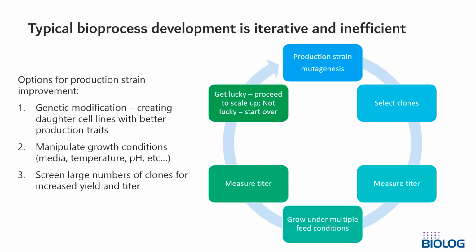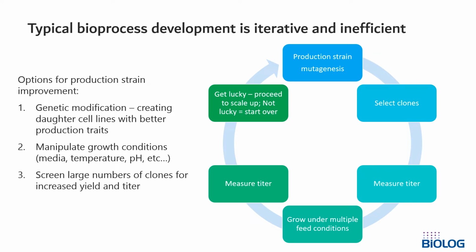The typical methods for process development are slow and inefficient. On the left side of the screen, we typically start with a production strain, modify that strain, creating daughter cell lines with better production traits. We then choose the clones that we're interested in and manipulate the growth conditions such as the media, the pH, different conditions, and then we screen a large number of those clones for increased yield and titer.